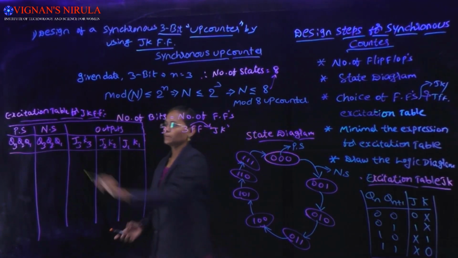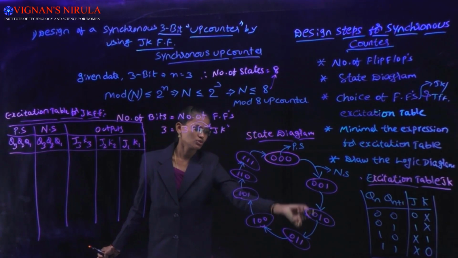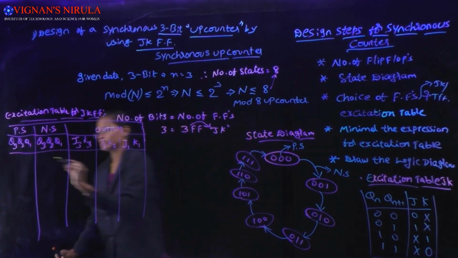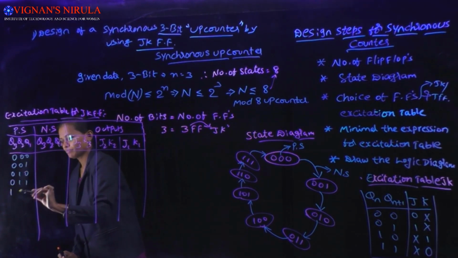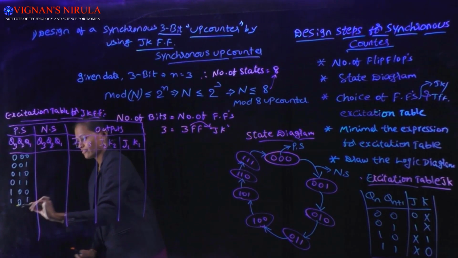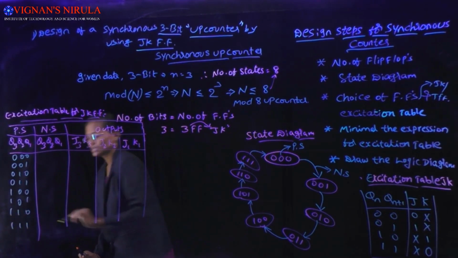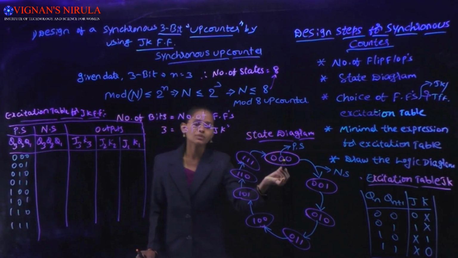Okay, here the present states are 0, 1, 2, 3, 4, 5, 6, 7, up to 7. This is the present state.